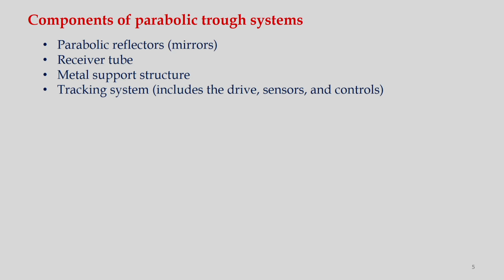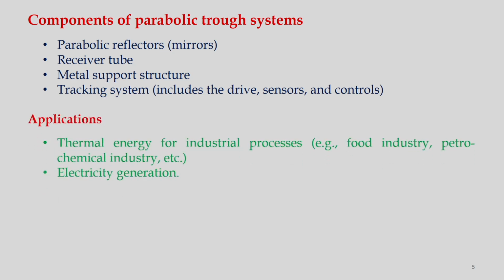Now, what are the different components of a parabolic trough system? It has mirrors or parabolic reflectors, then the receiver tube, then the metal support structure, then the tracking system which includes the drive, sensors and control.